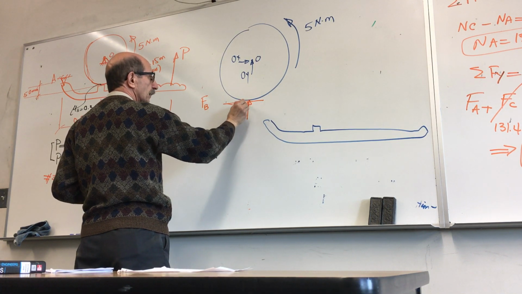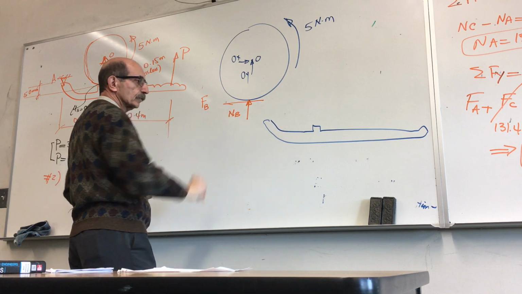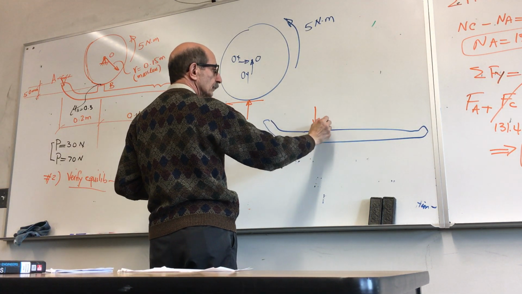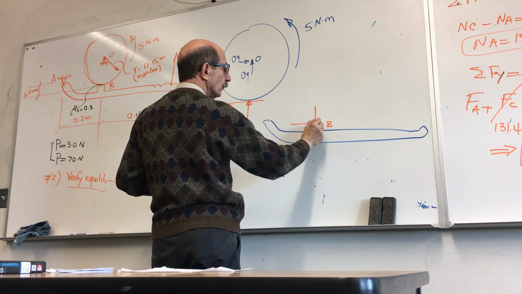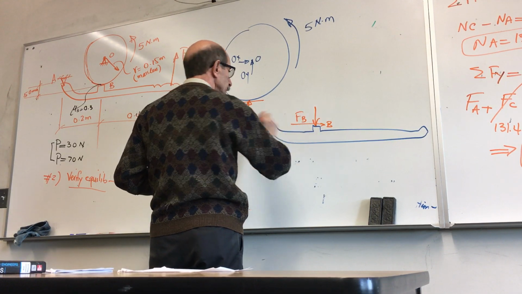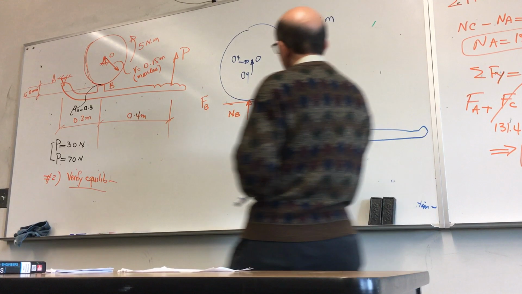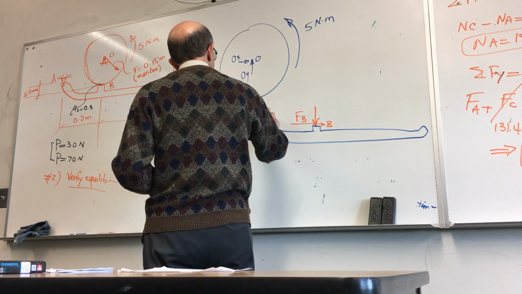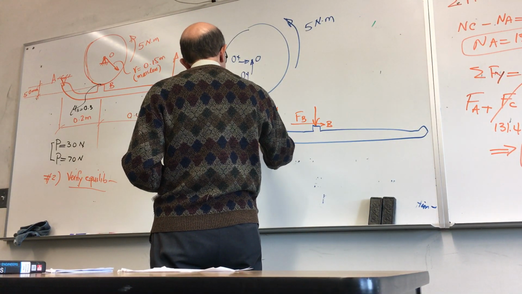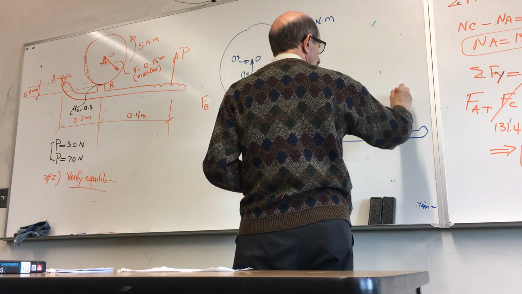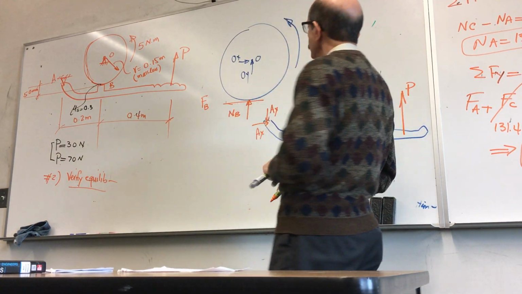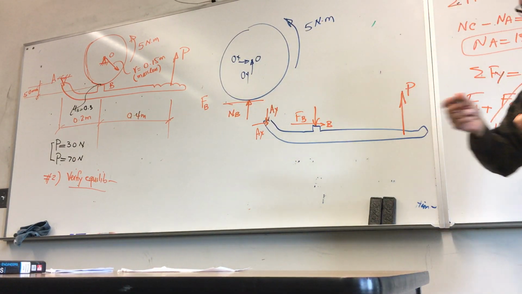And obviously you have, of course, this vertical force at B. Correspondingly, at this point, you have this force B, friction force B, like that. And at A, you have these two unknowns, AX and AY, and then you have this applied load P. So you have these two free body diagrams.